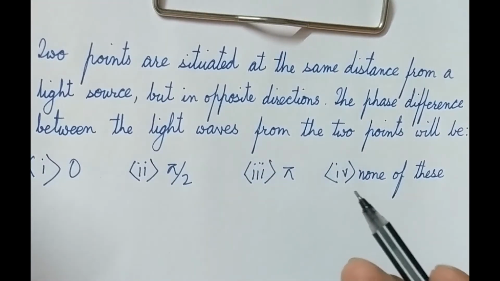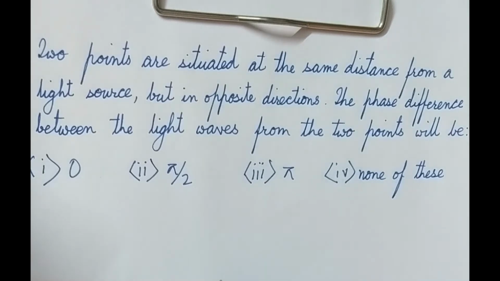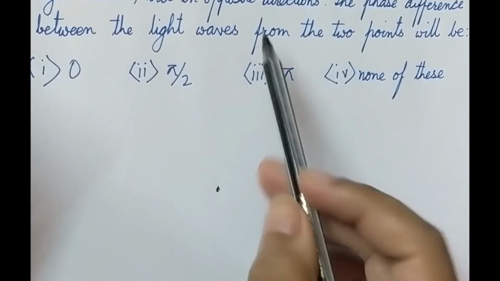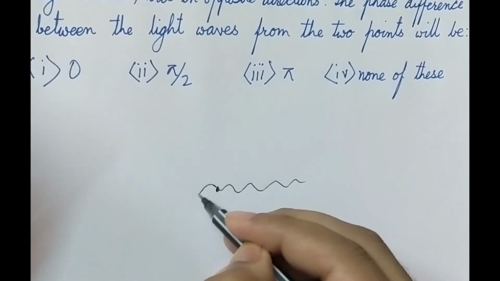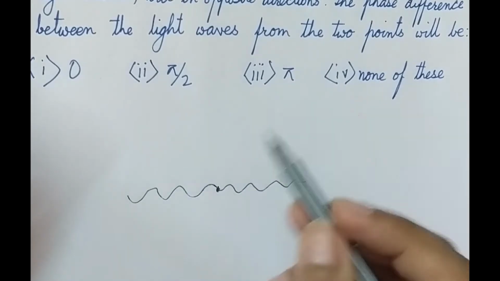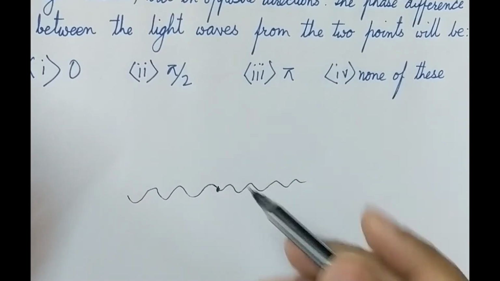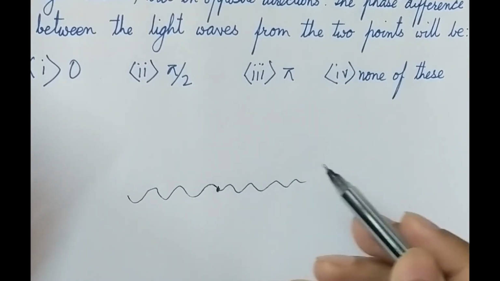Now this is a very trivial question if you know the concept well. If you have a light source, which I'm assuming in this case is a point source, then it emits light in both directions, and a phase difference change only means how many waves have been traversed.